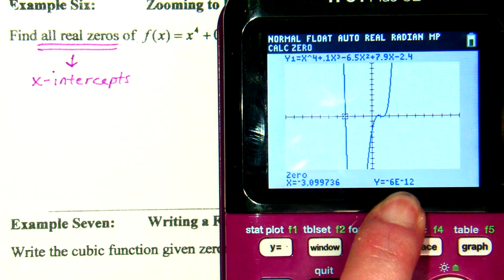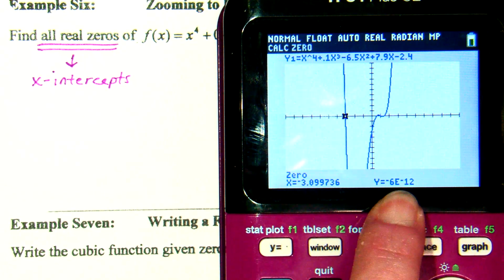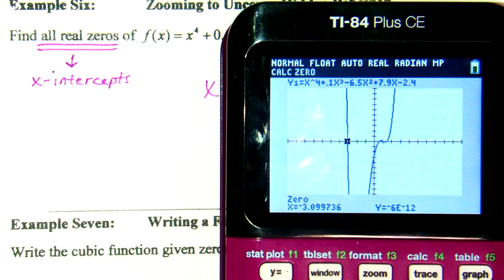Anytime you see that e with a negative number following it, it's equivalent to 0. It's a whole bunch of zeros: 0.0000000 or something. It's 0. Okay? So my first zero is x equals -3.1 or -3.10. Now that's one for sure.